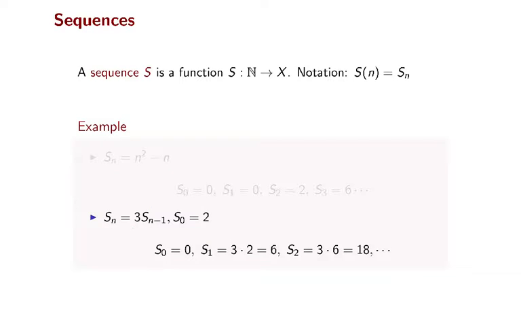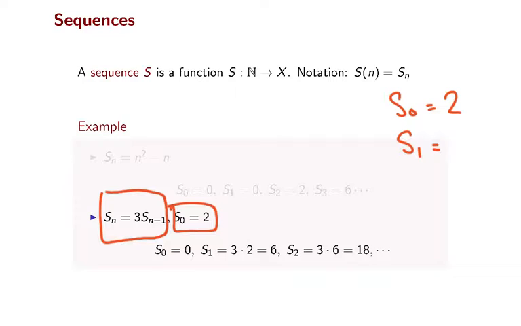So we know how to construct the terms starting with the one given, right? We were given that S0 is 2. So how much is S1? Well, we look at this definition here. We were told that Sn is equal to 3 Sn minus 1. So that means that S1 will be 3 S0, right?